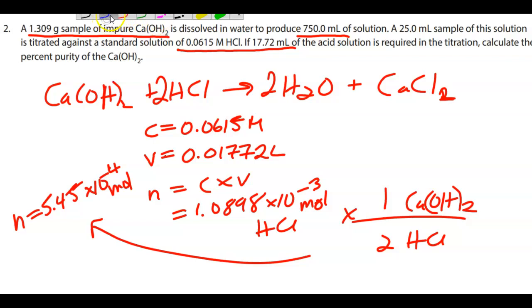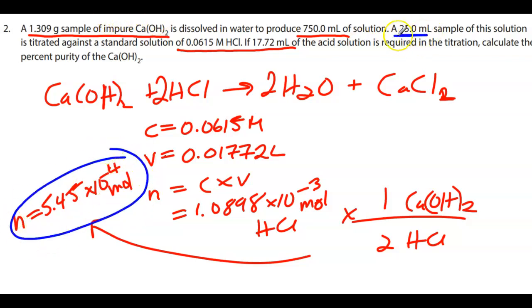But here it's a little bit different. They're telling us that this mole value was for what was inside of the 25 milliliters. So we know how many moles was in 25 mils. But in order to compare it to this mass, we need to figure out how many moles was in the entire 750 mils. So you have to figure that out in another way.